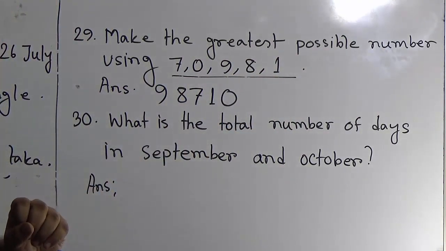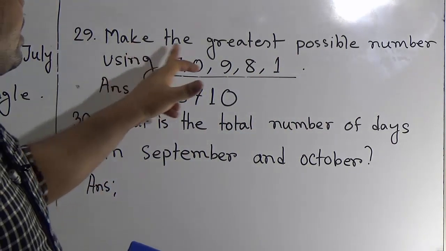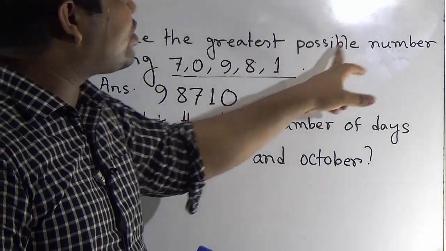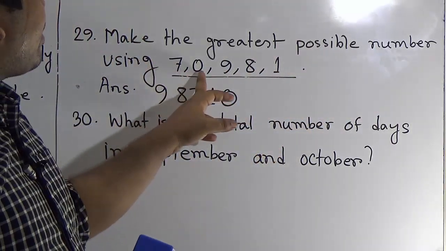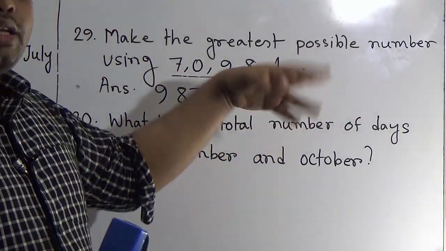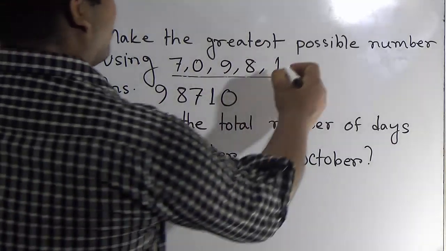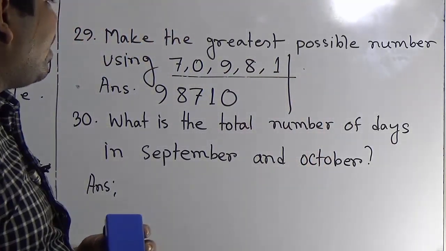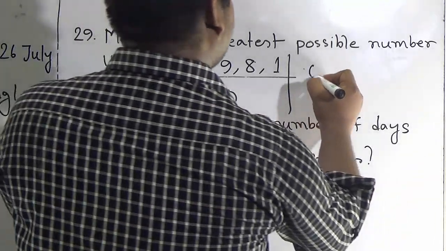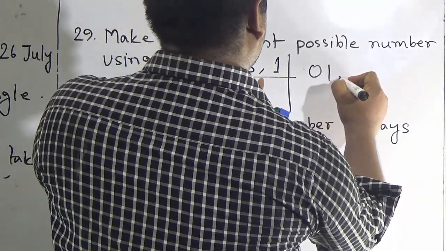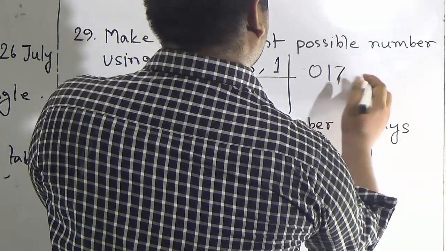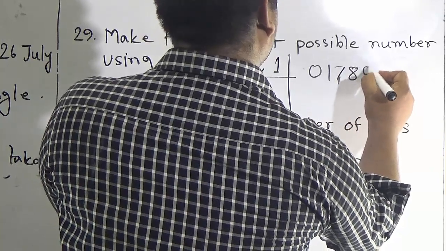But if the question asks you to make the smallest possible number using 7, 0, 9, 8, 1, then what will be the answer? As the condition, at first we write 0, then 1, then 7, then 8, then 9.